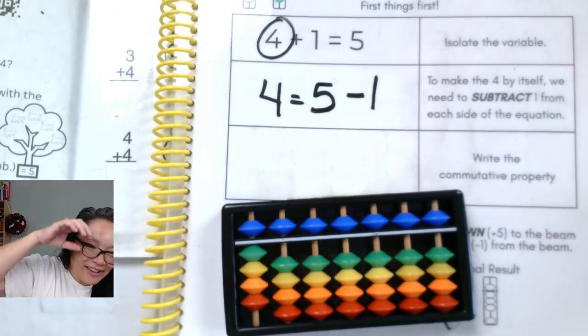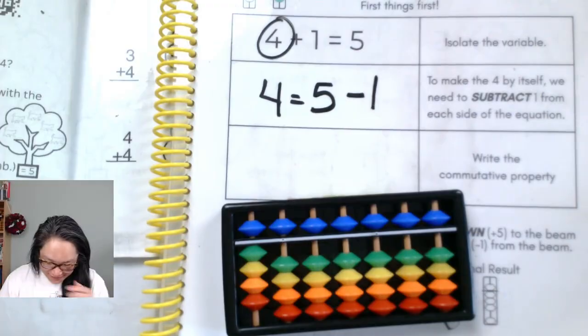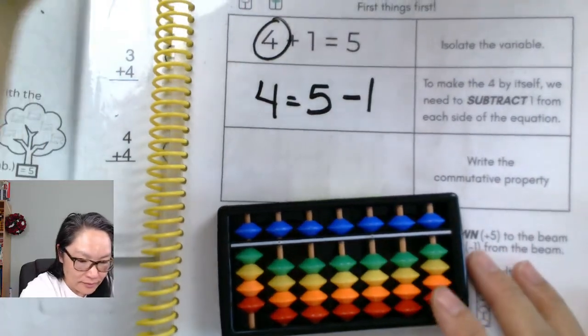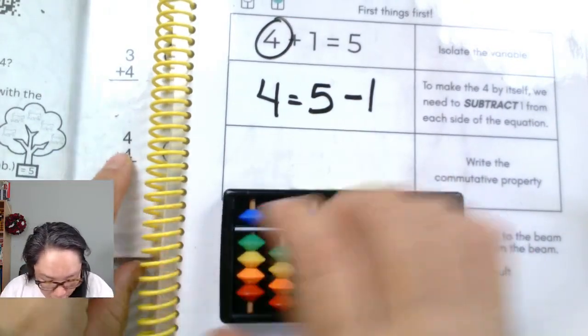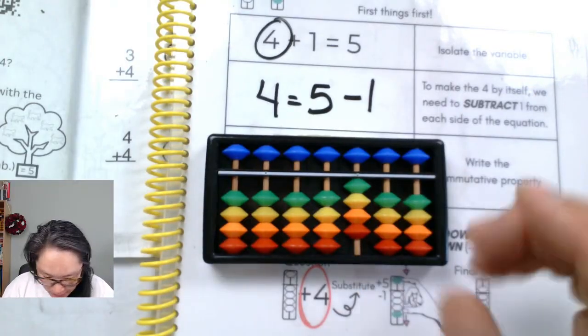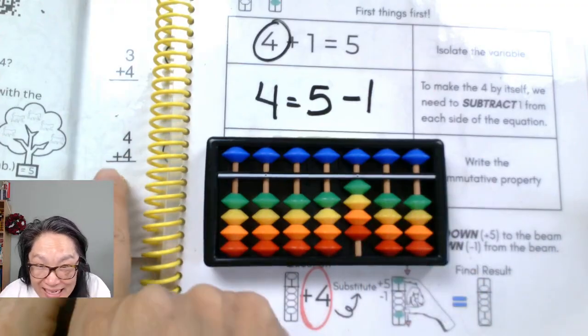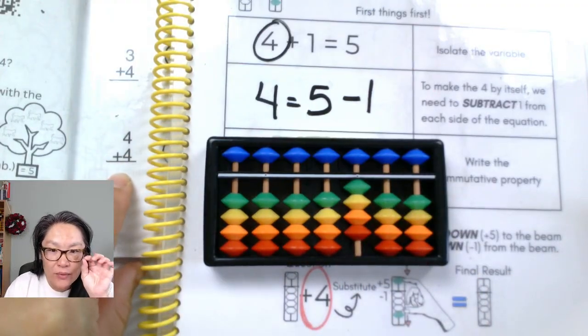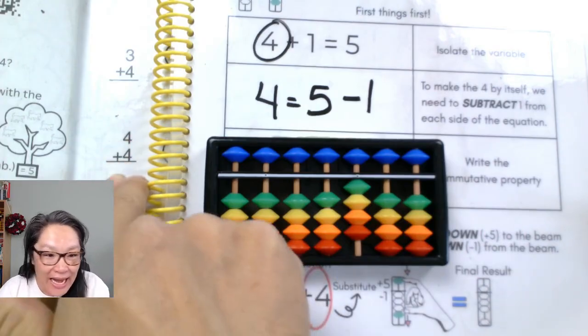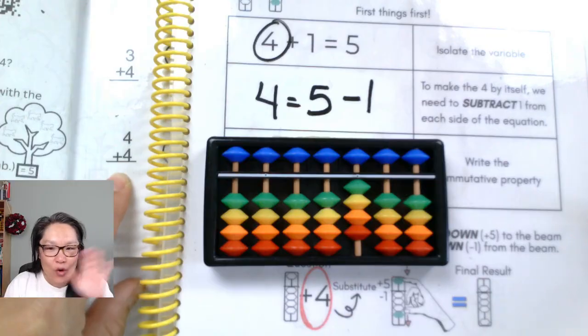Now open your mind to me, please. Open your mind. Okay, 4. On the abacus, I want to add 4. When I add 4 on the abacus, I want to add another 4. Remember in the beginning, I said we needed to work on our add-in. We need to figure out, can I add a 4? Can I do it? No, I can't.